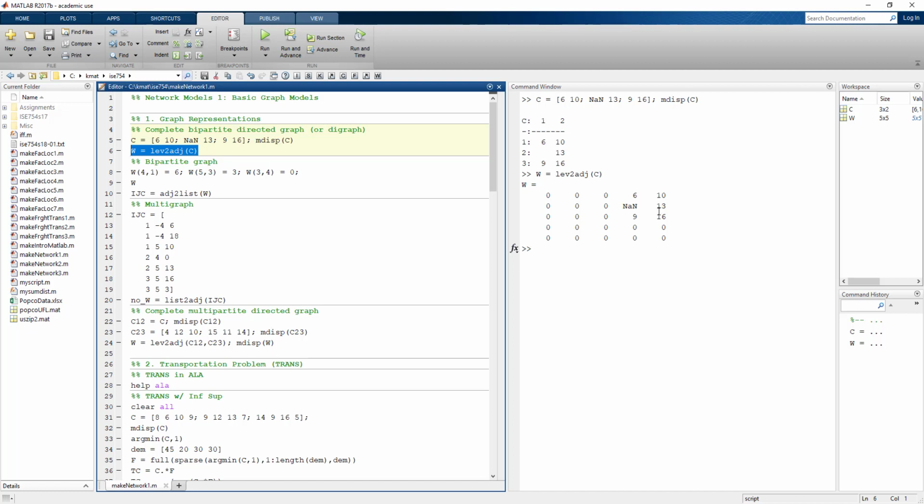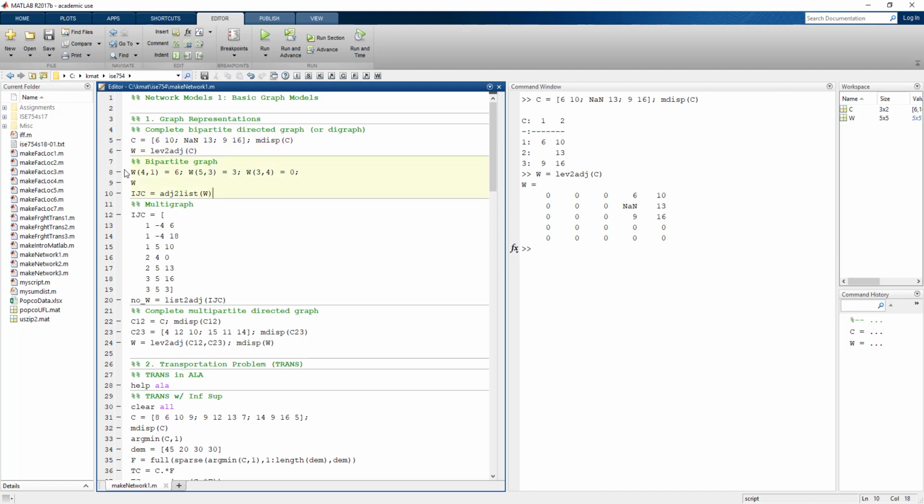I guess I would argue that it would be nice if MATLAB would actually honor that convention, because I think it is convenient. But just keep in mind that this is something that's not going to be part of MATLAB in general, if you're using it starting with the Matlog component.